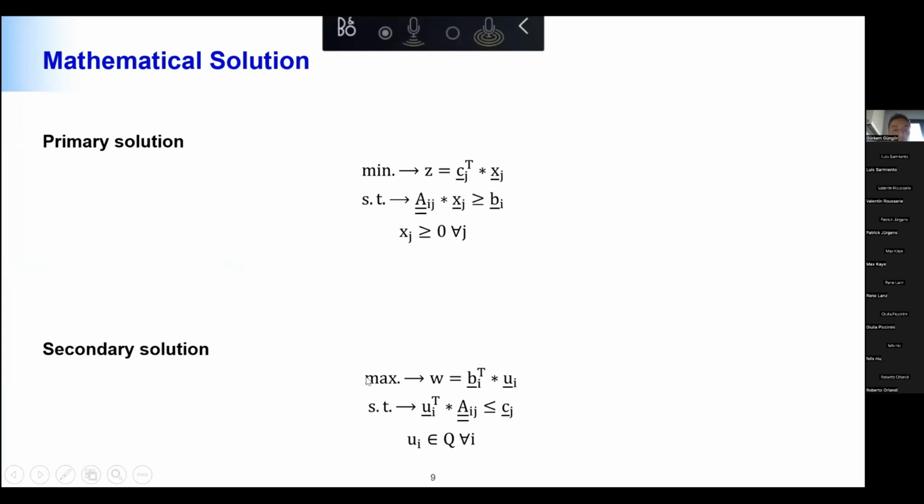Our secondary solution is to maximize our welfare from this supply and demand balance. As we have demand from the New York market, this demand is initiated with a price. So with the price and the demanded quantity transported from supply markets, we have a benefit from supplying these canisters.